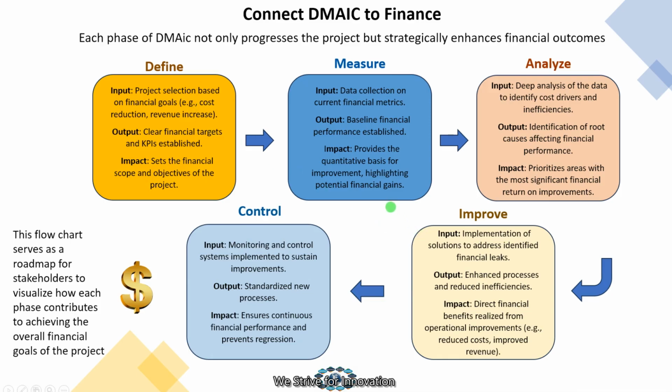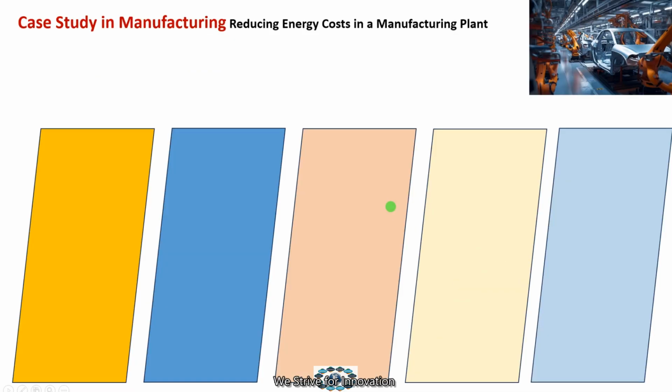Okay, now we move to what we call a case study. In this case study, we'll illustrate a structured approach using the DMAIC methodology to significantly reduce energy cost. Here we'll be tackling production. We want to reduce energy cost in a manufacturing environment. We'll focus on the major energy consumption systems and processes.